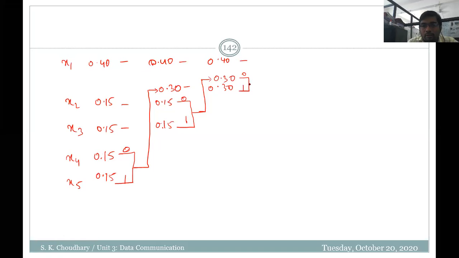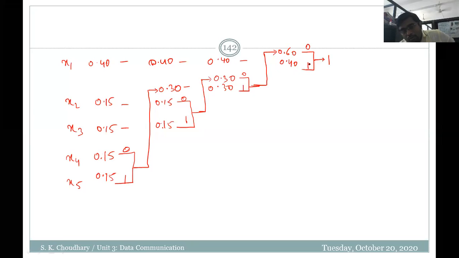Now the summation 0.30 plus 0.30 would be higher than the value of 0.40, so we make it go above, 0.60, and here as it is 0.40 would come. Now just do the summation. Finally you would find a probability of 1, 0.60 and 0.40, and when the summation of probability is 1, here we have to stop.